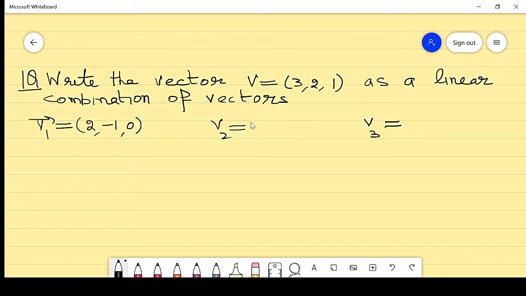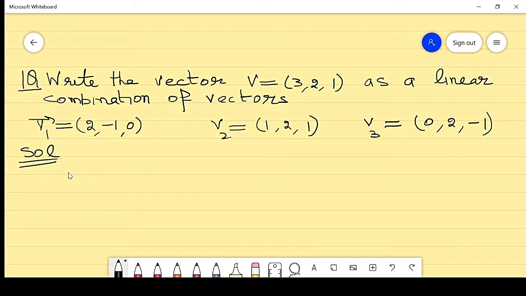What is v2? (1, 2, 1). What is v3? (0, 2, -1). So that is my question, how we can find the v as linear combination of the given vectors v1, v2 and v3.